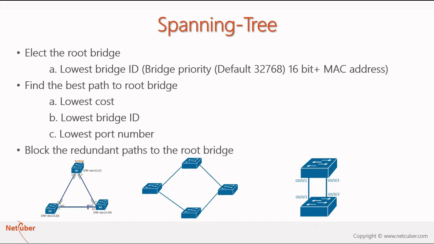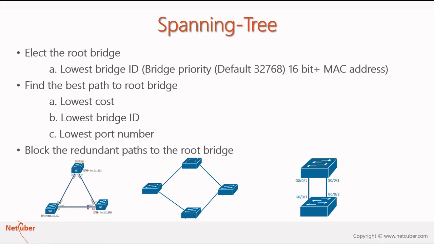In the second scenario, the switch at the bottom wants to reach the root bridge at the top, and it has the same cost to reach the root bridge in all the possible ways. Then it goes for the lowest bridge ID.